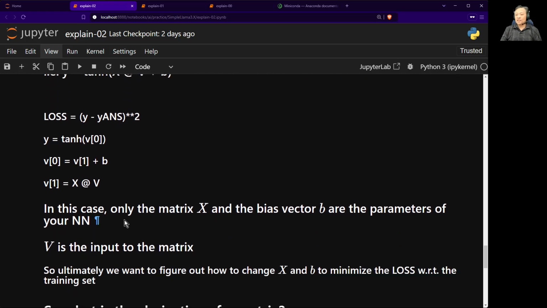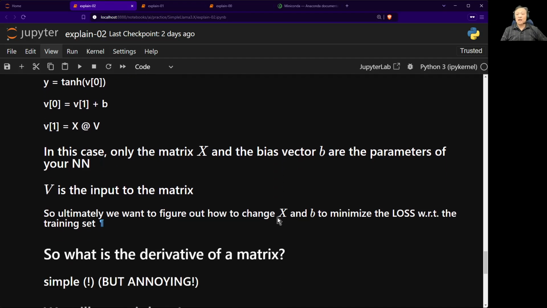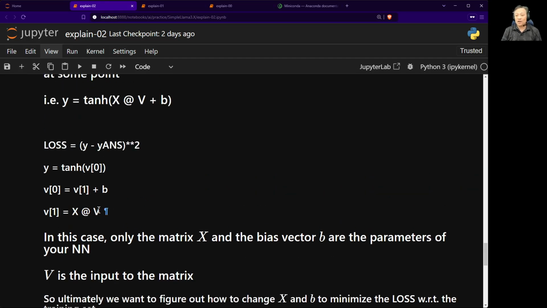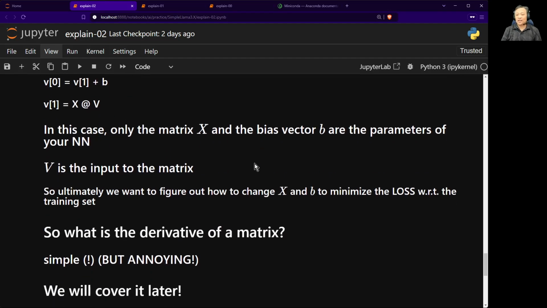In this case, only the matrix x and the bias vector b are the parameters of your neural network, and v is the input. So what are we doing? We want to figure out how to change x and b so that you minimize the loss with respect to the training set. So what is the training set? Training sets are the inputs, the individual v's, and also the expected outputs, the y answer. That is the training set.